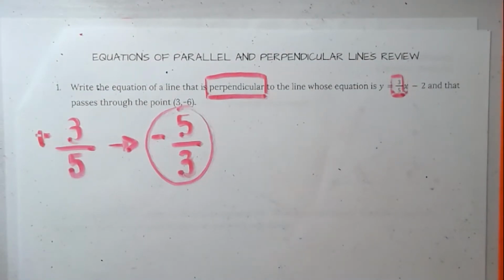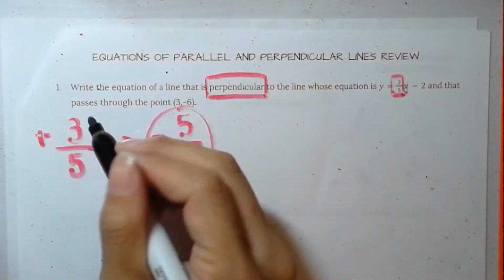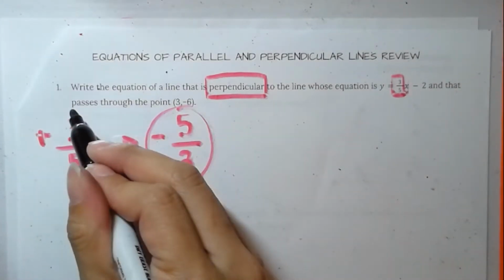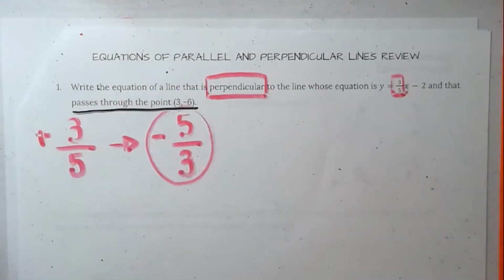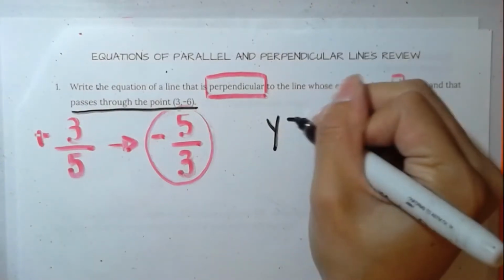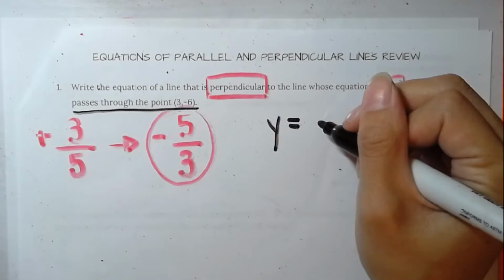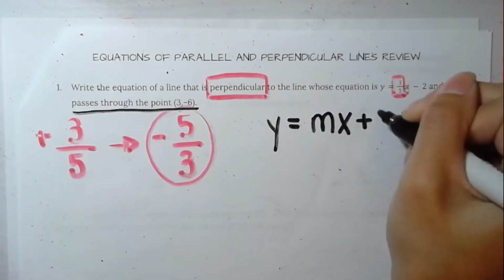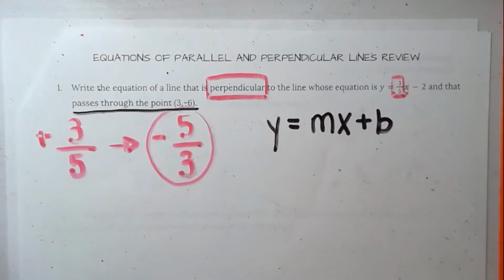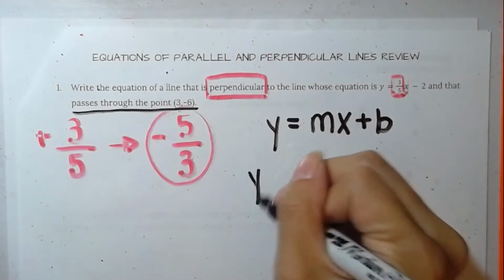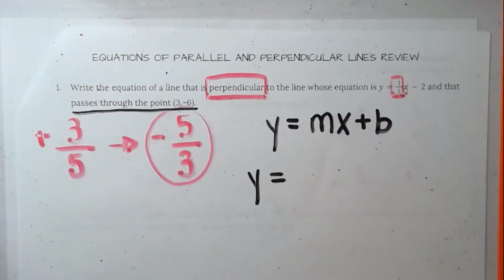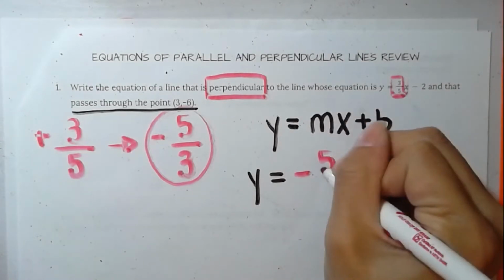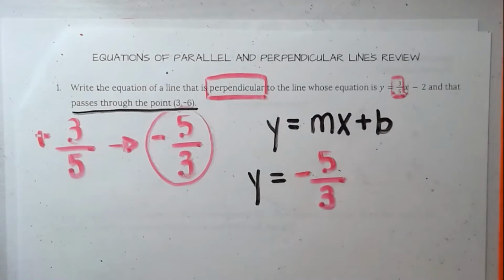Next, I want to focus on the second part here that says that it passes through the point (3, negative 6). So remember that the equation of a line is y equals mx plus b. Well, if I already know that my slope is negative 5 over 3, I'm just going to plug it in there.